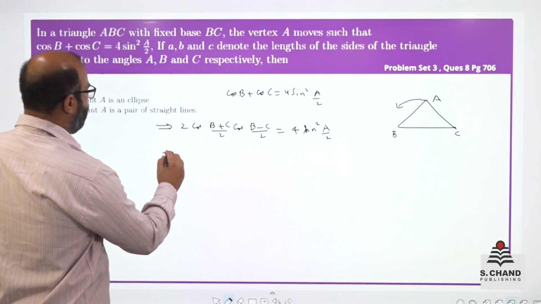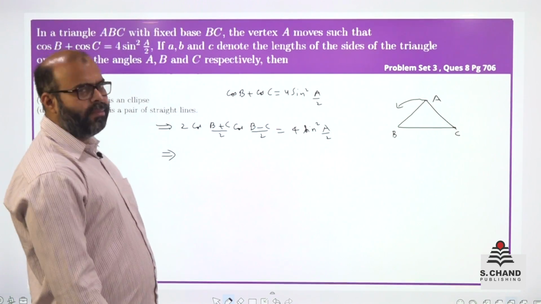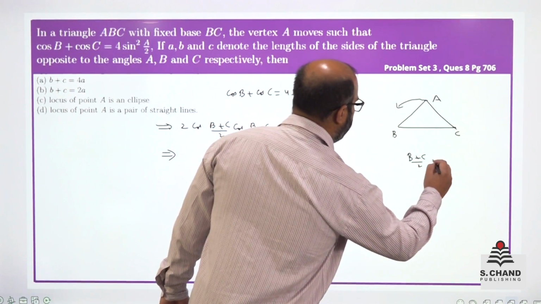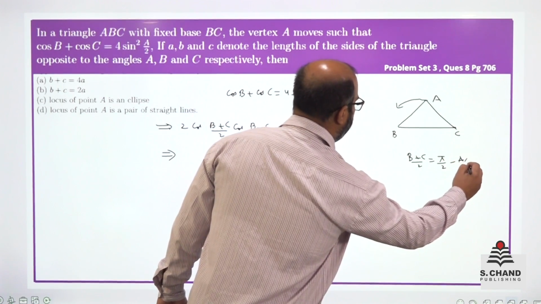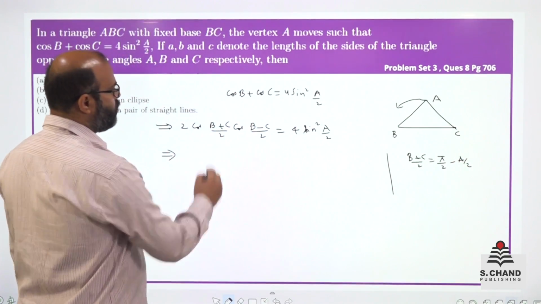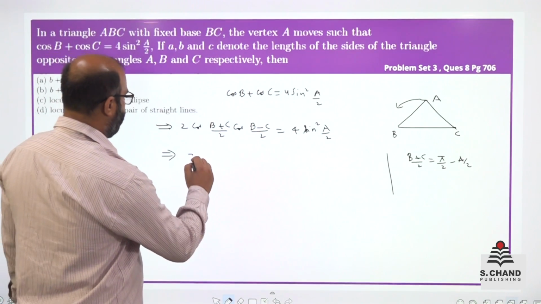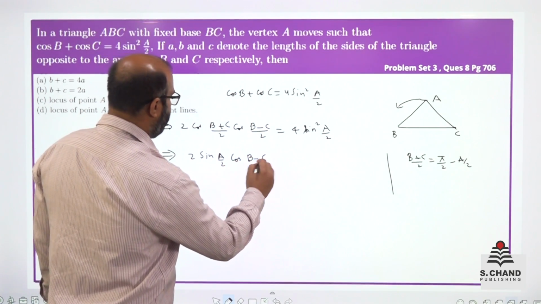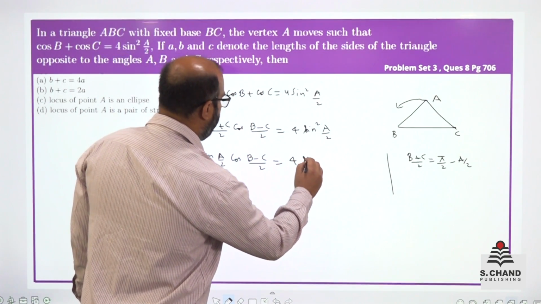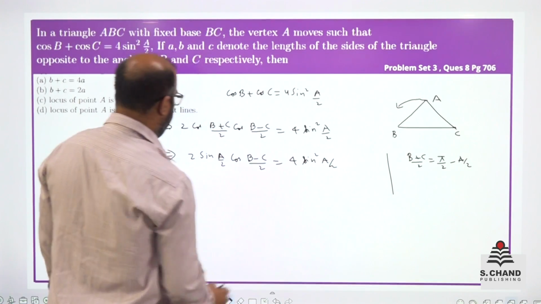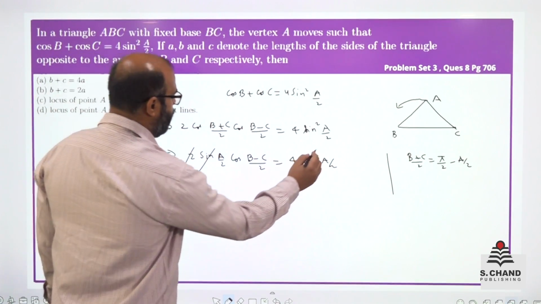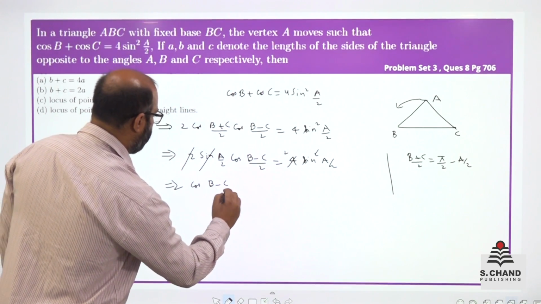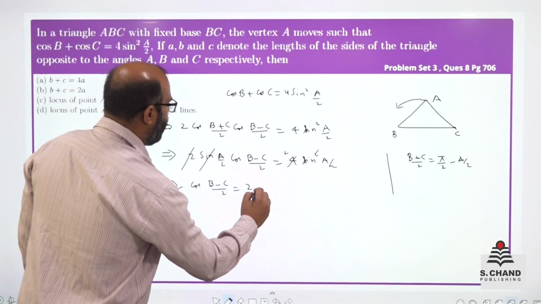And here cos (B plus C)/2 can be written as sin A by 2, because (B plus C)/2 is pi by 2 minus A by 2. This will be 2 sin A by 2 into cos (B minus C)/2 is equal to 4 sin square A by 2. So 2 sin A by 2 will get cancelled, and this becomes cos (B minus C)/2 is equal to 2 sin A by 2.